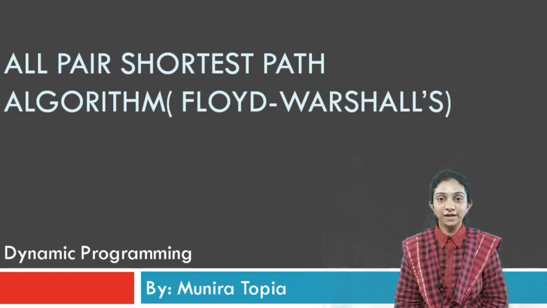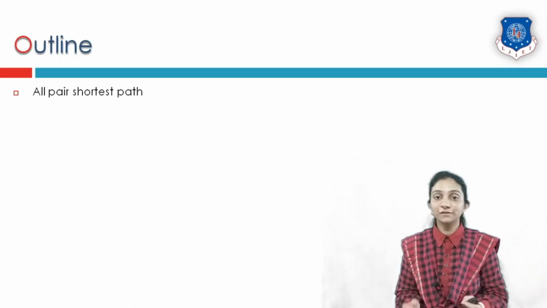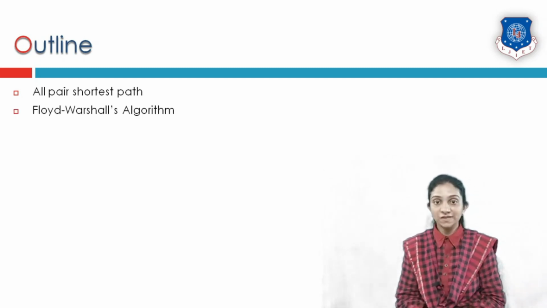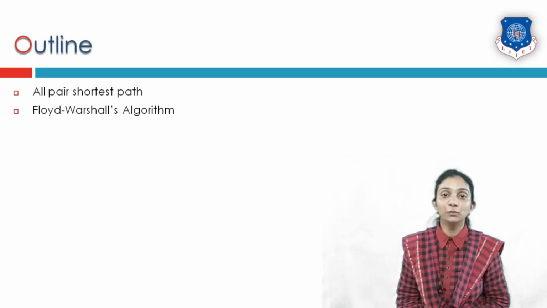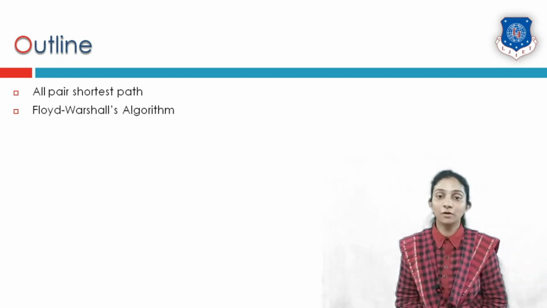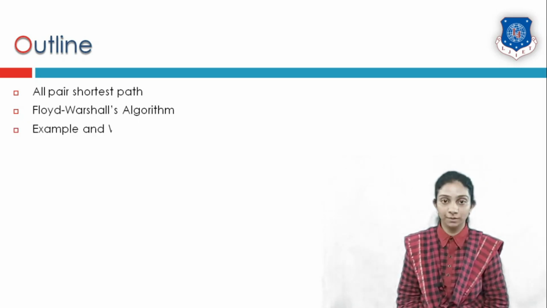We are going to study the all pair shortest path algorithm, that is, using Floyd's-Warshall algorithm. First we will see what we mean by the all pair shortest path problem. Then we will see what Floyd's-Warshall algorithm is and how it works to solve the all pair shortest path problem.